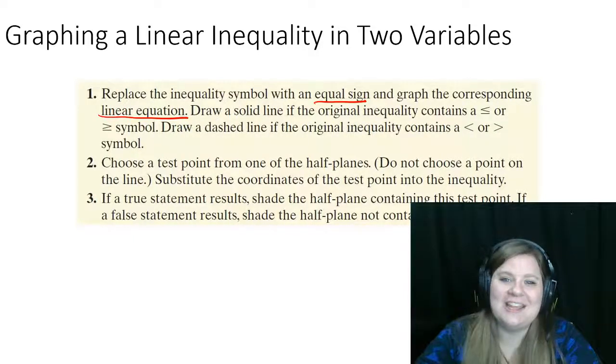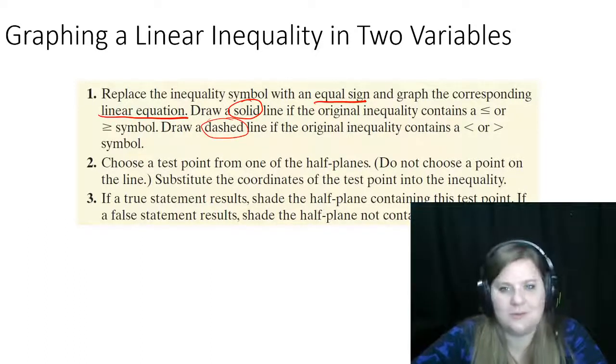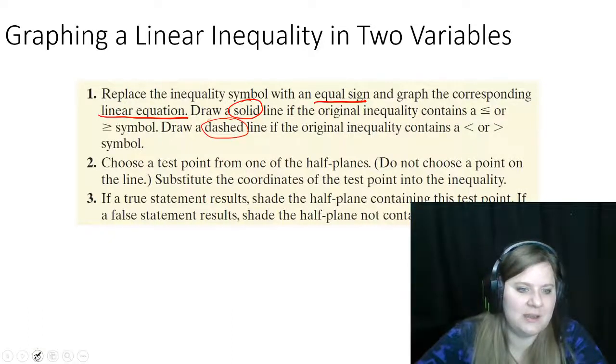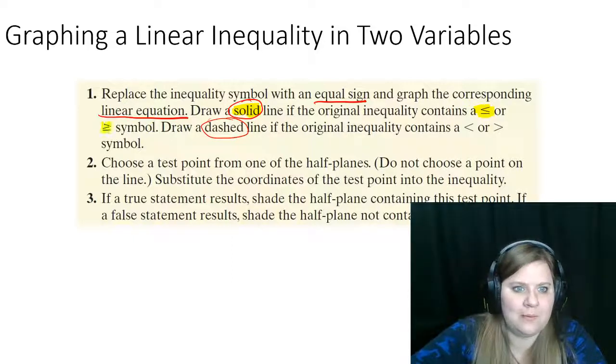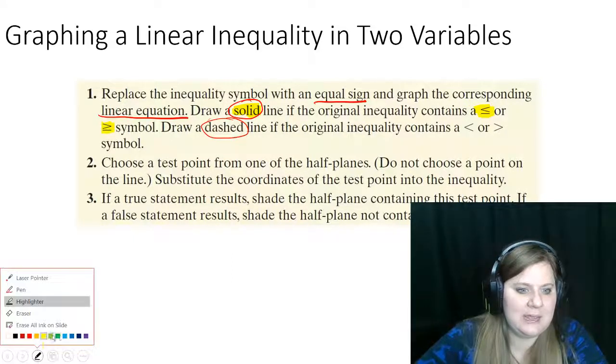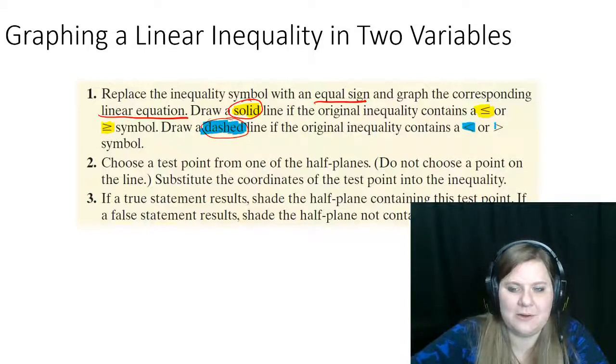Then you're going to decide if that line is solid or dotted or dashed. It's solid if it's less than or equal or greater than or equal, and it's dashed if it's less than or greater than.